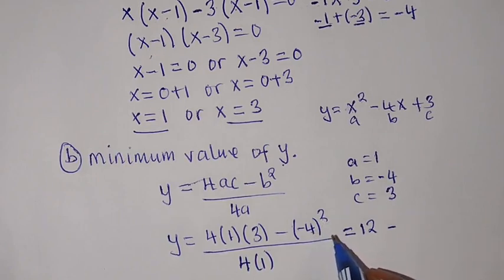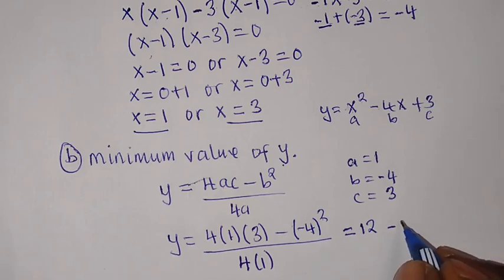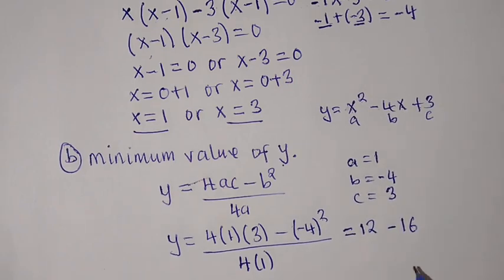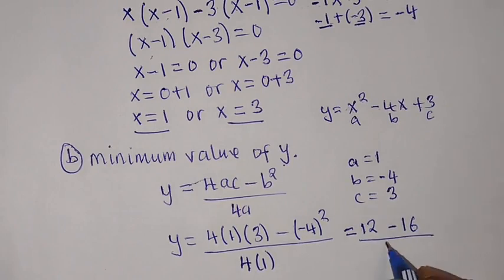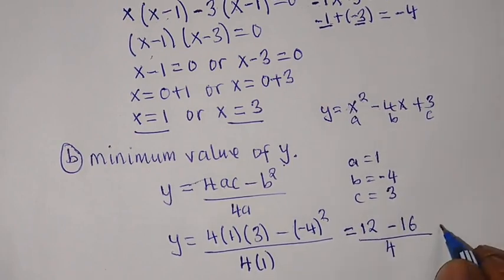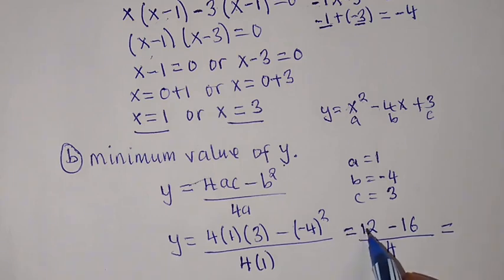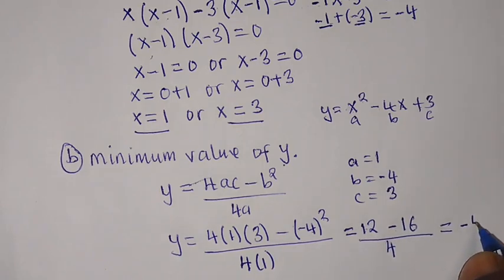This means negative 4 times negative 4, which will give us a 16 over 4 times 1 there, it's a 4. Then from there, 12 minus a 16. So 12 minus a 16. This will give us a negative 4 over 4.